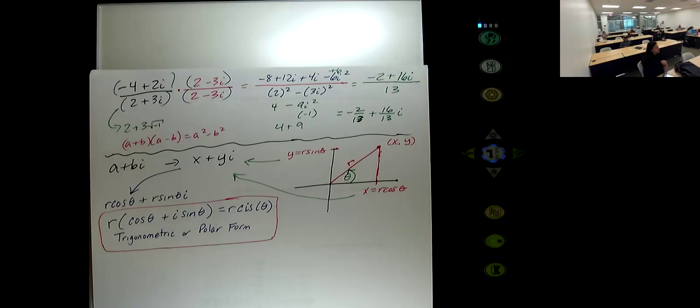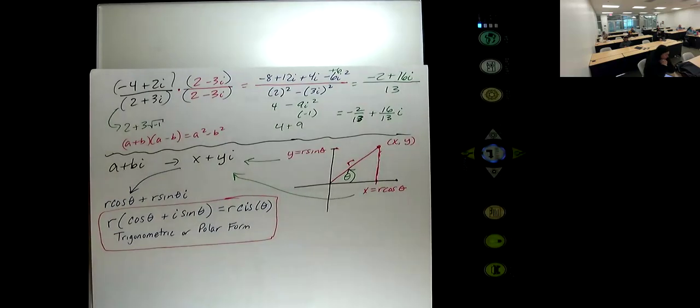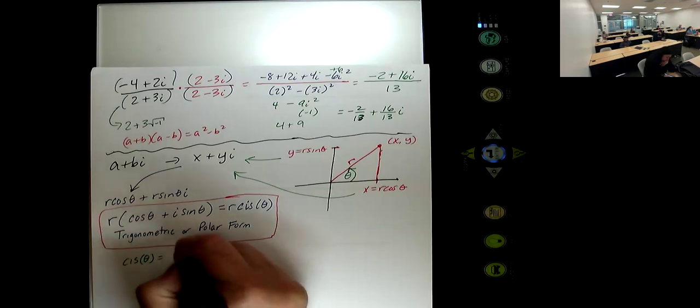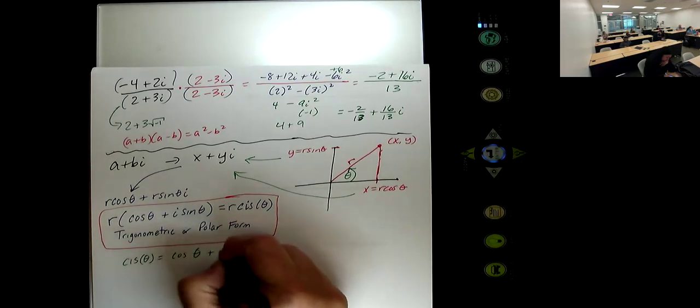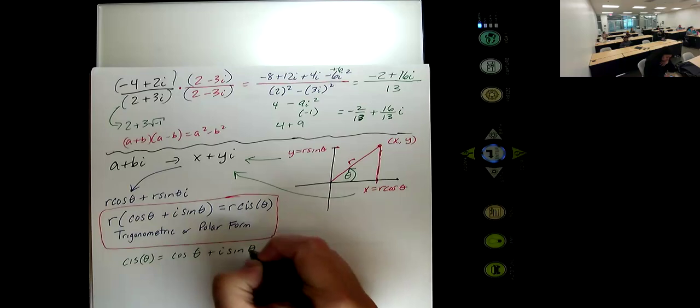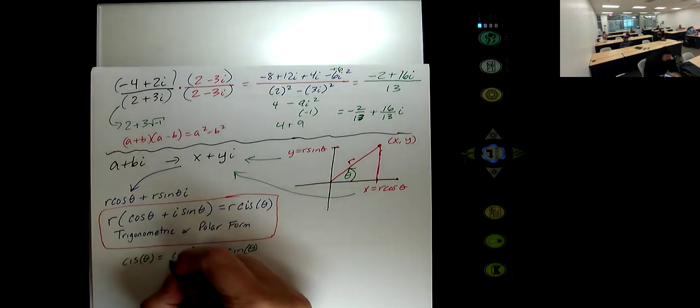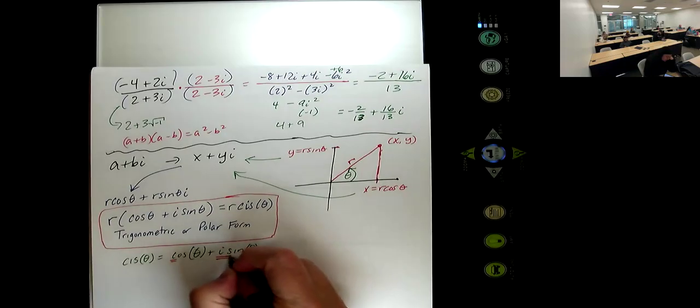It's math, it's very old. So CIS theta is short for cosine theta plus I sine theta. And it comes from the C, the I, the S.